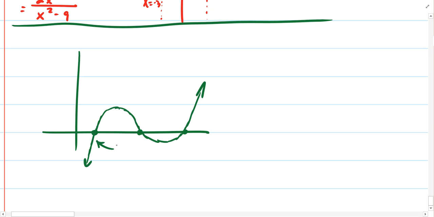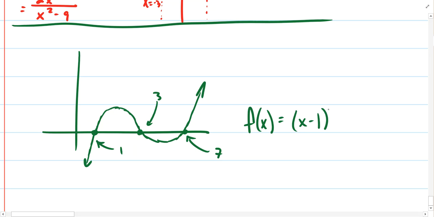Well, if this occurs at 1 and this occurs at 3, and let's say that this occurs at 7, you should be able to determine a polynomial that's represented by this graph. We know that the solution at x equals 1 produces a factor of x minus 1, and x minus 3 for this solution, and then x minus 7 for that one.